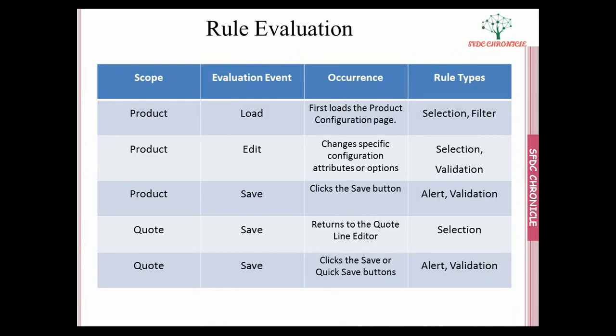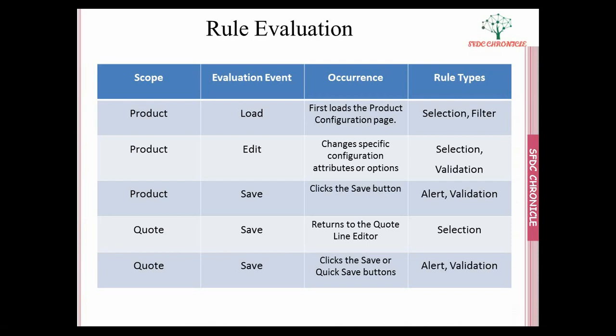The rules are evaluated in two places. The first one is the configure product page and the second one is the code editor page. So that is the reason we define the scope either as product or as code.